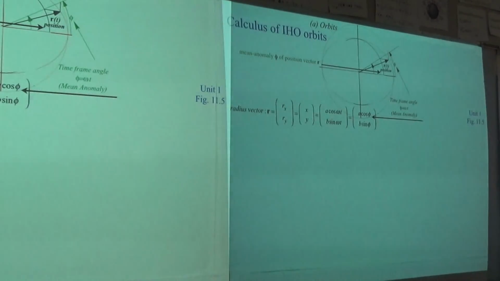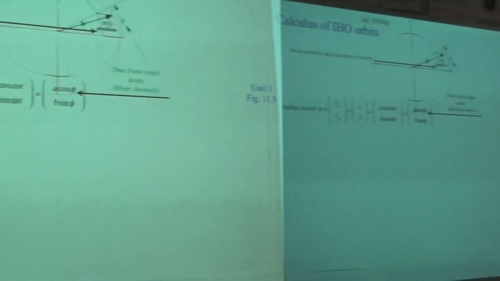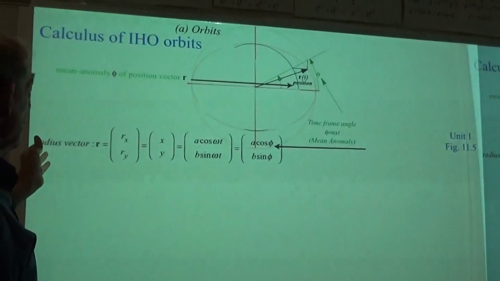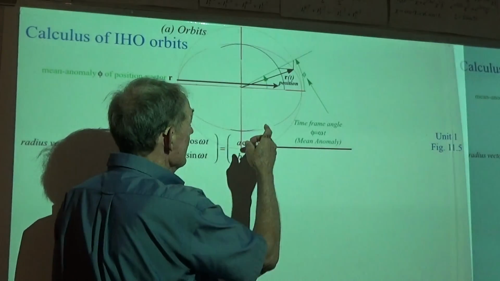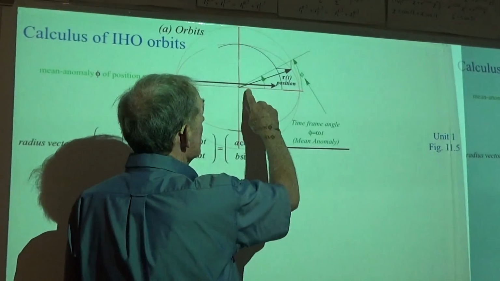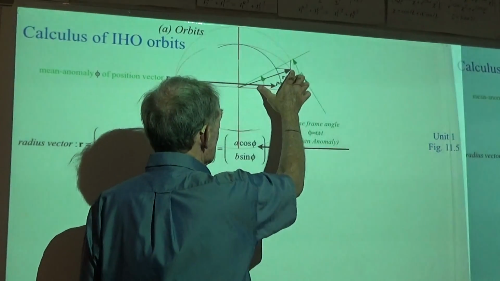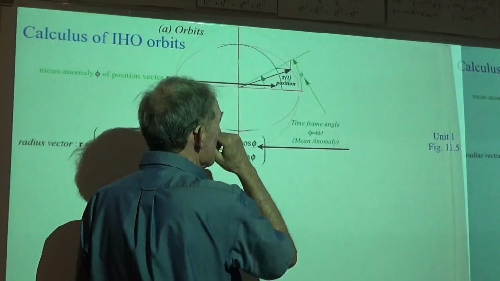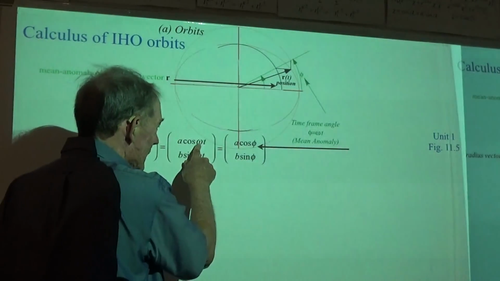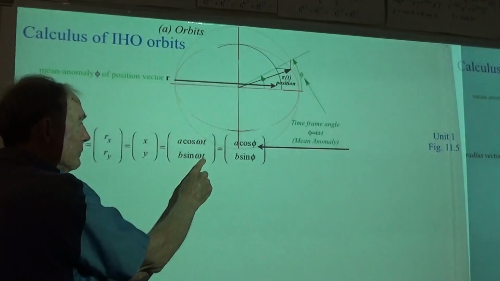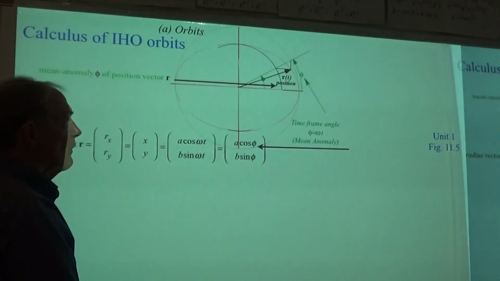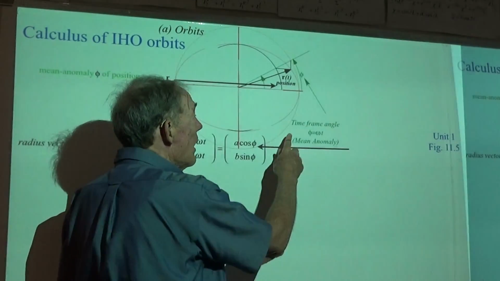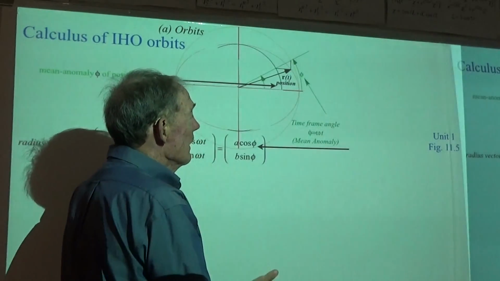To start off here with just the analytic geometry, the algebra that goes with it, a radius vector for a position. I'm sitting here at a particular position. That's the position vector for this particular moment. Whatever time gives me this, I'm using the Greek letter phi for that time frame angle.